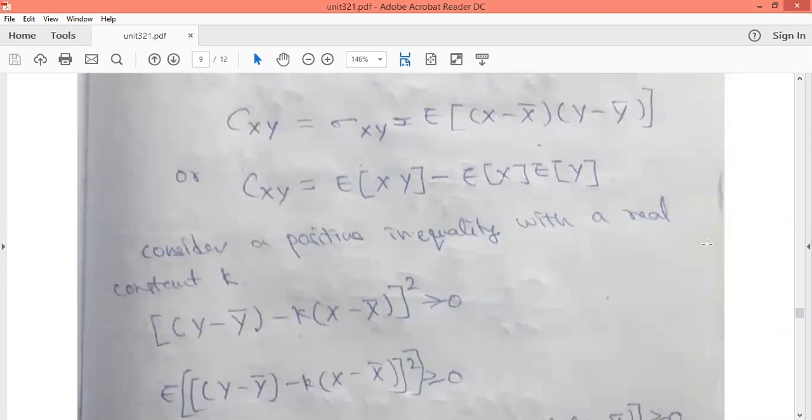And now here we are considering one inequality. See, the inequality is considered like this: (y minus y bar minus k(x minus x bar)) whole square.